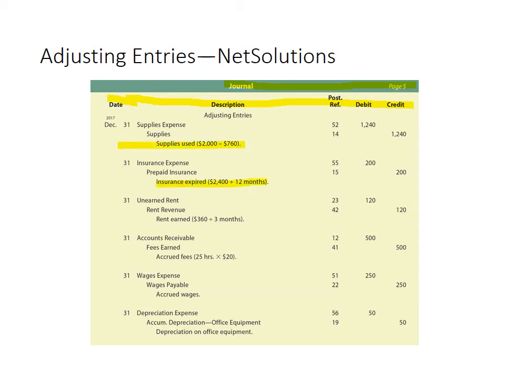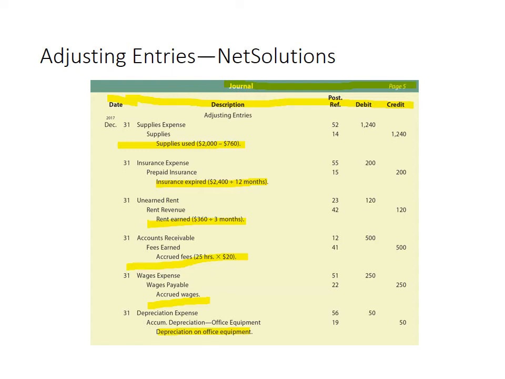So all of the entries that we've made related to supplies, insurance, rent, accrued fees or accounts receivable, accrued wages, and depreciation expense. These are our adjustments, our AJEs. They're recorded before we prepare financial statements.